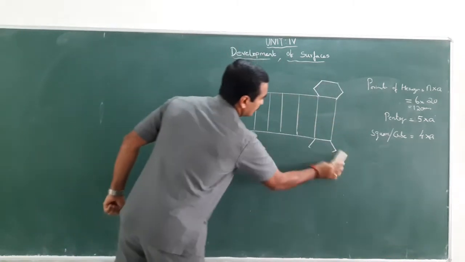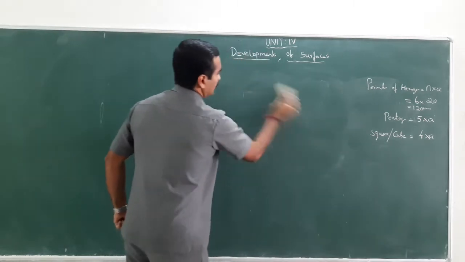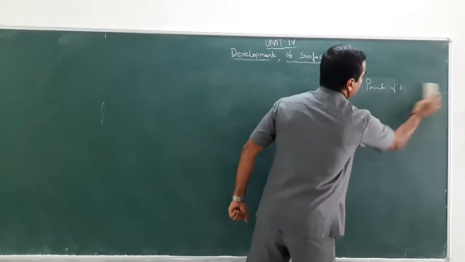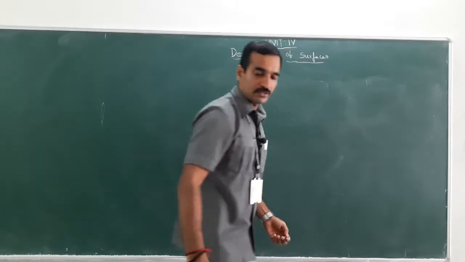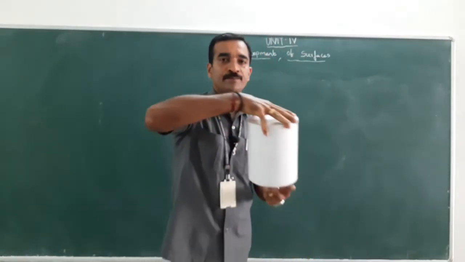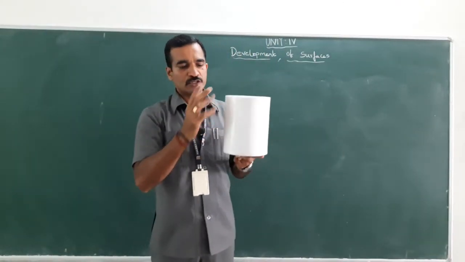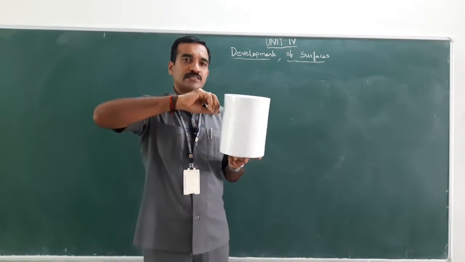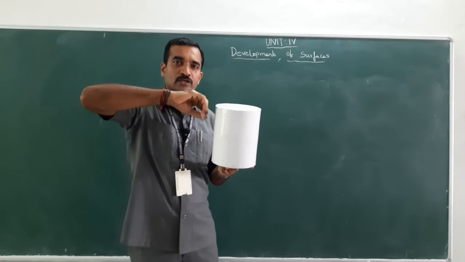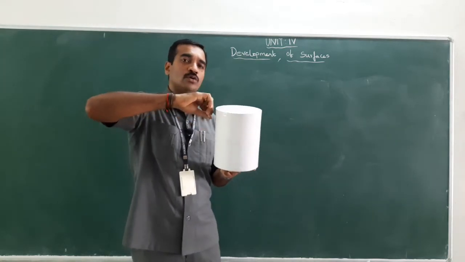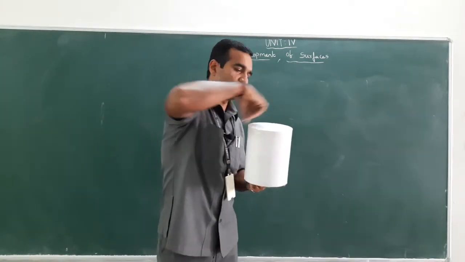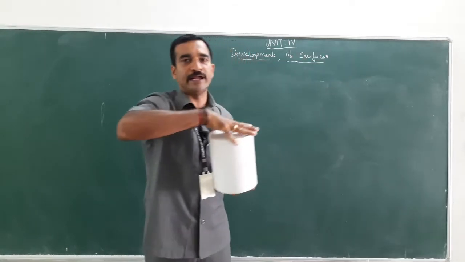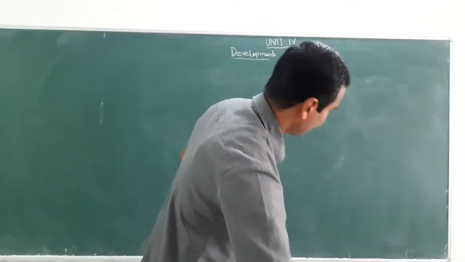Now the development of the lateral surface of the cylinder. So this is the cylinder, isn't it? Suppose I cut at the extreme left and peel off, or unroll, or unfold, or stretch out the lateral surface from rear to the right side, what could you see?